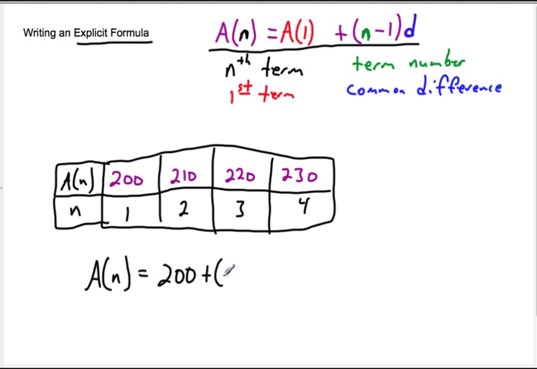So n minus 1 times the common difference. In this case, the common difference is 10, so times 10.